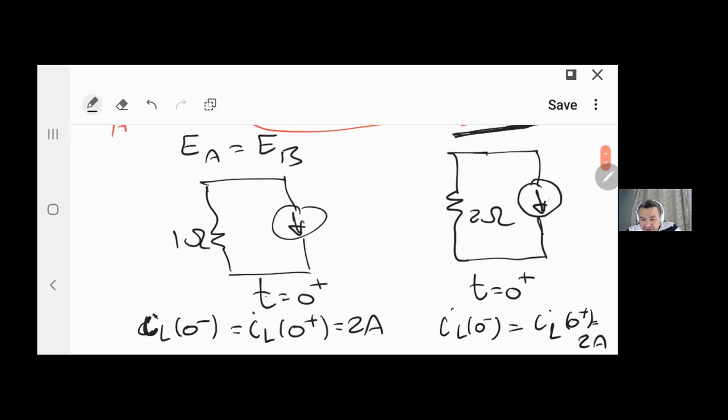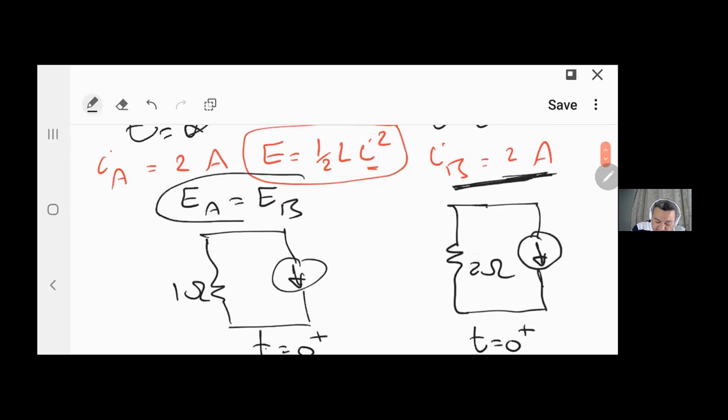Now the inductor is going to act as a current source, and this current will decay exponentially. So the inductor, the stored energy, which is the same, look at the energy that got stored in the inductor when I first closed the switch and left it for a long time.